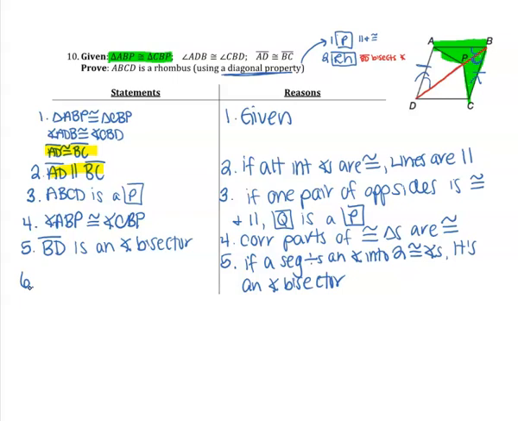All right, so now that I've proven that BD is bisecting our angle B up here, then I can say that I have a rhombus. And my justification is, if a segment divides or bisects an angle, the parallelogram is a rhombus.